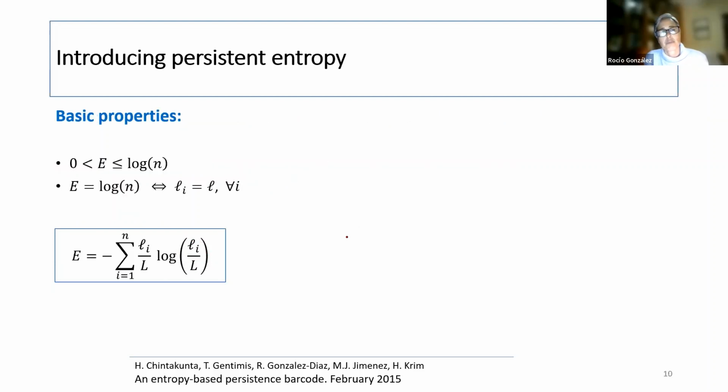Some basic properties of the persistent entropy: the value of the entropy is always positive and is between 0 and the log of the number of bars in the barcode, and the maximum value of persistent entropy is obtained when all the bars have the same length.